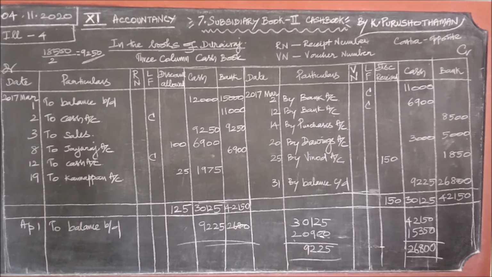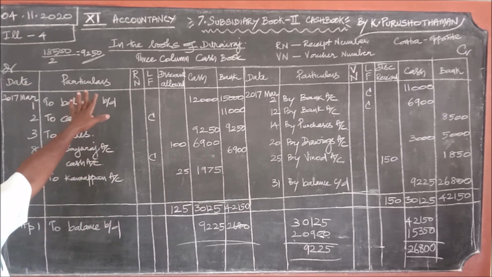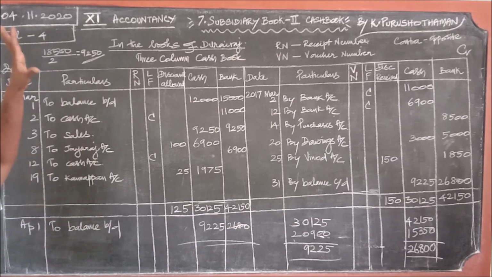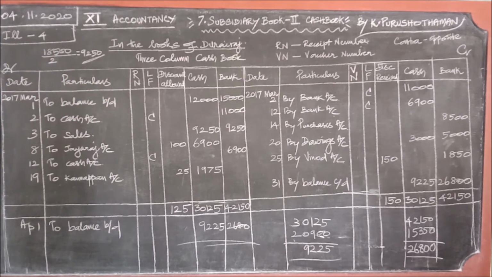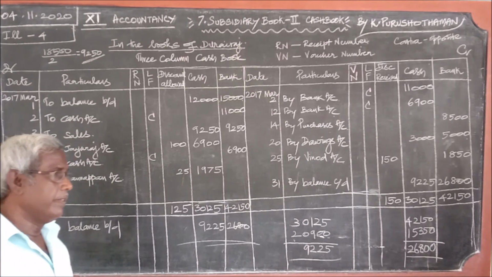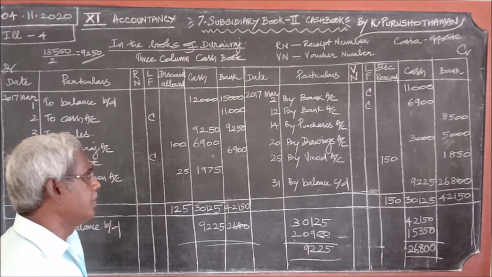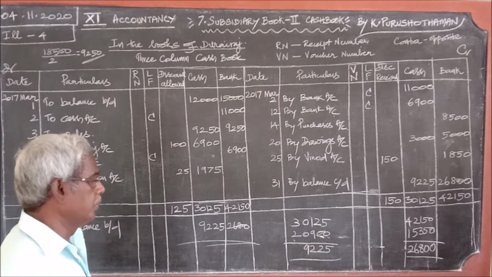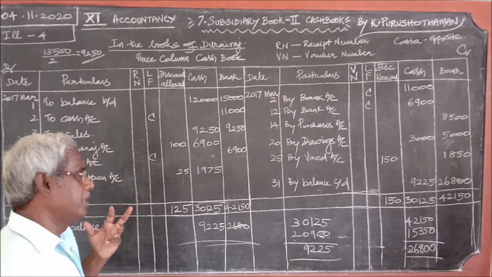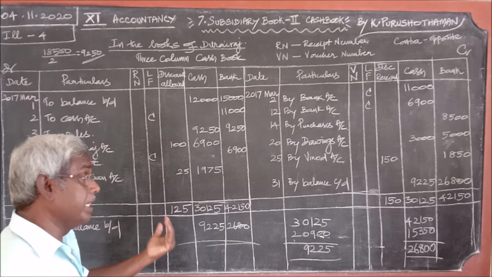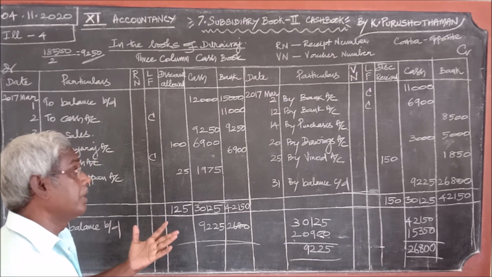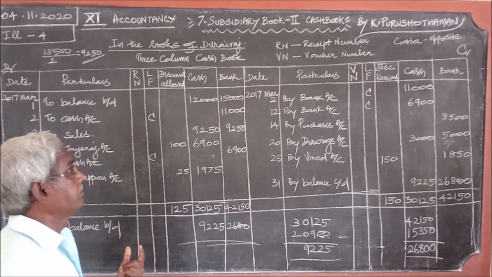As usual, in single and double column, we don't pass any entry for credit transactions because it is a cash book. Only for cash transactions we will pass entries, that is one point. Second thing, when we withdraw money from the bank for office use, and when we deposit money into the bank, we should treat it very carefully.